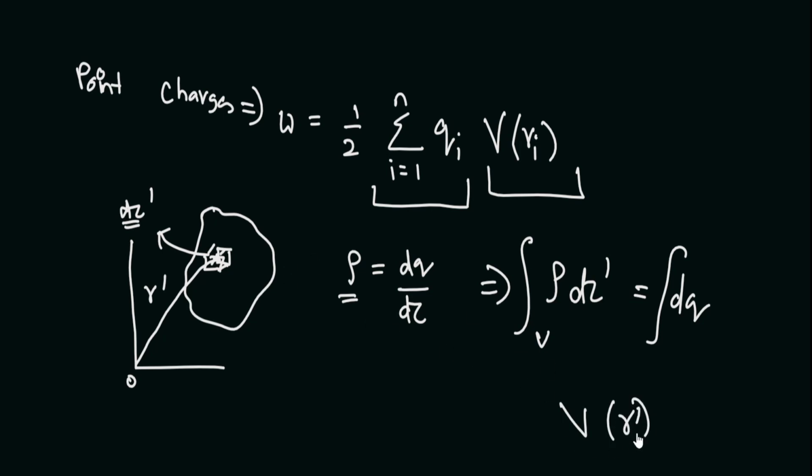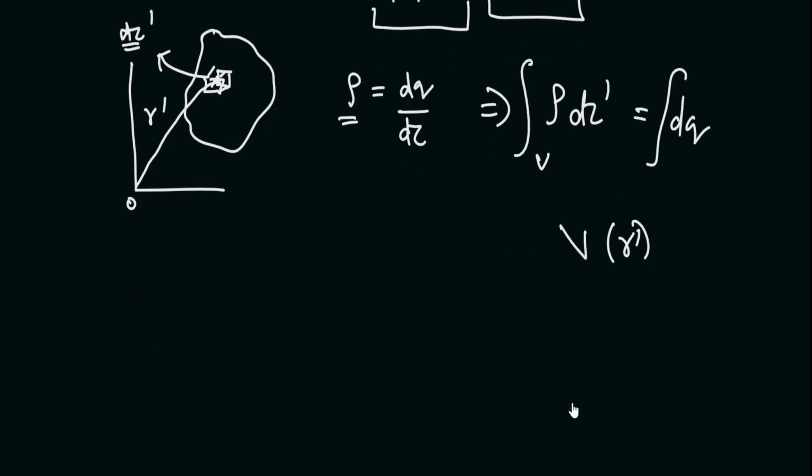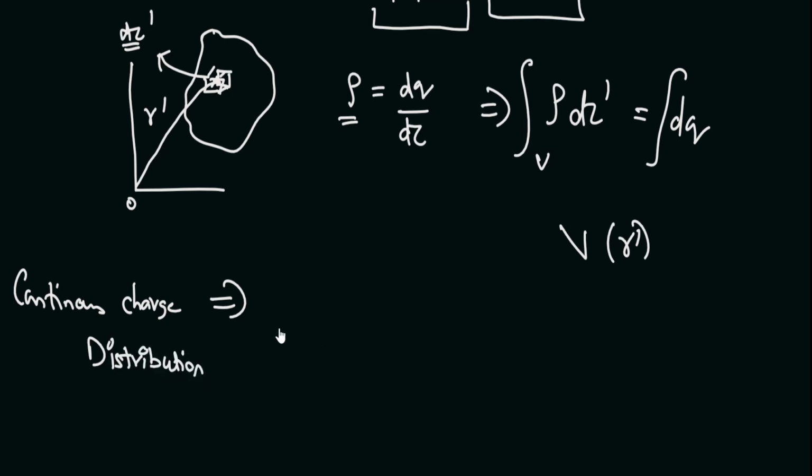So we can now do the entire conversion for continuous charge distribution. Work done will be equal to half, the summation becomes an integral over the volume in which the charges are located, that is over this entire volume in which the charges are located.